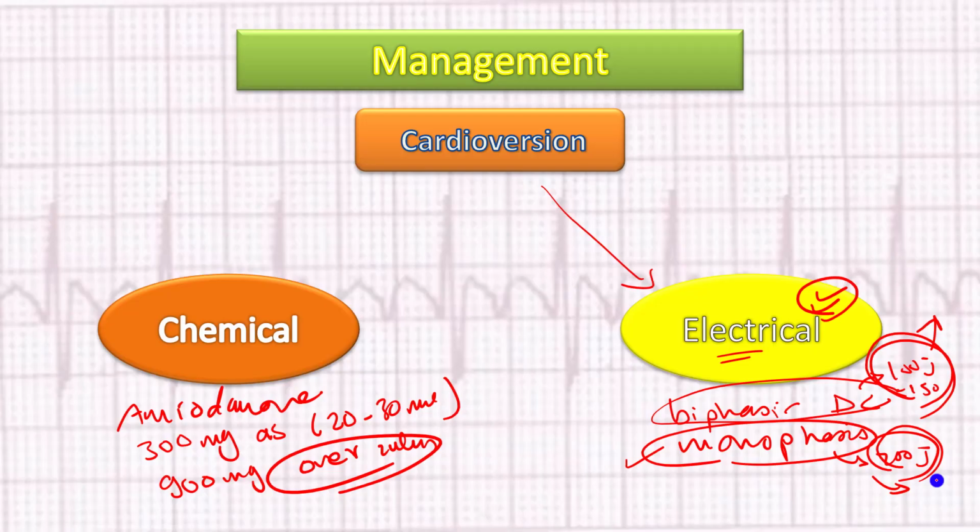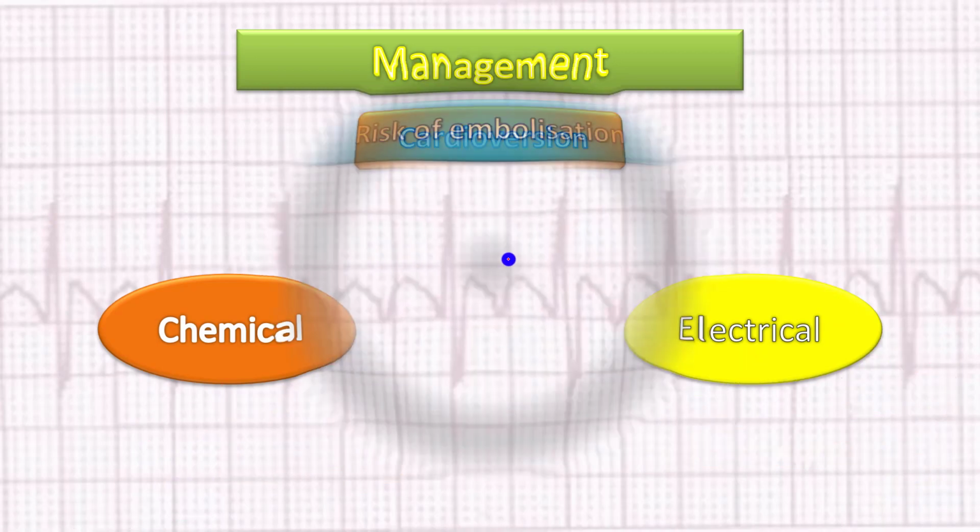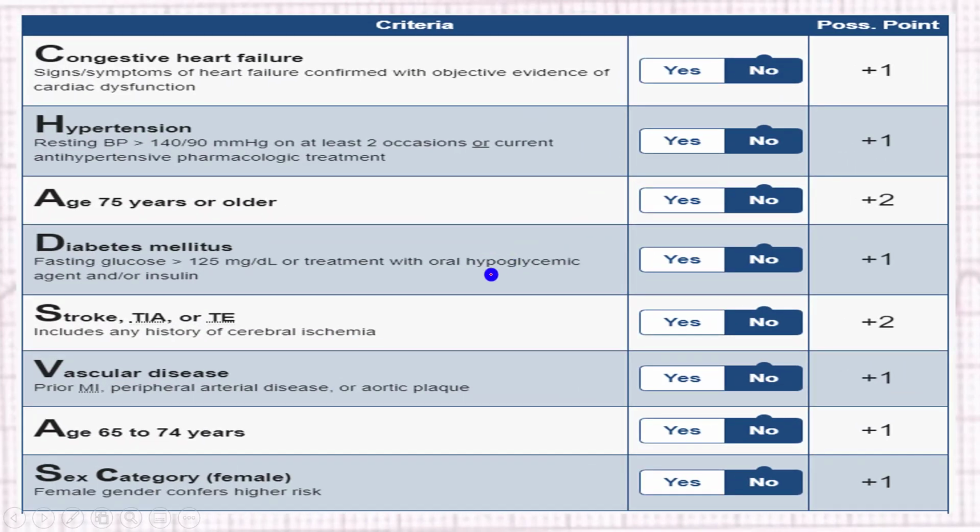What will define the duration of anticoagulation after reversion to sinus rhythm? Actually, the risk of embolization is determined by the CHA2DS2-VASc score.